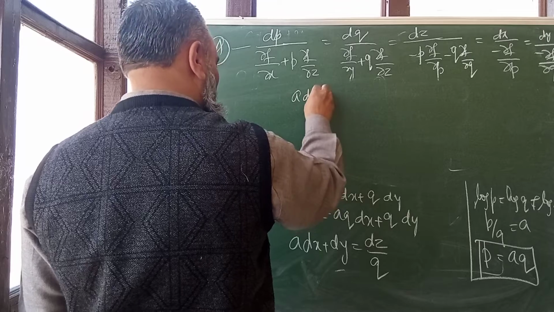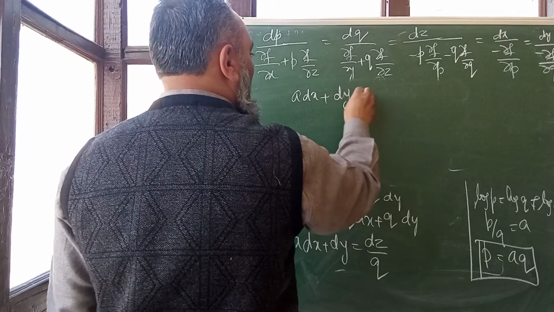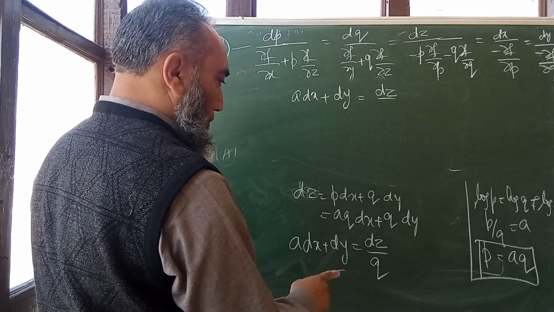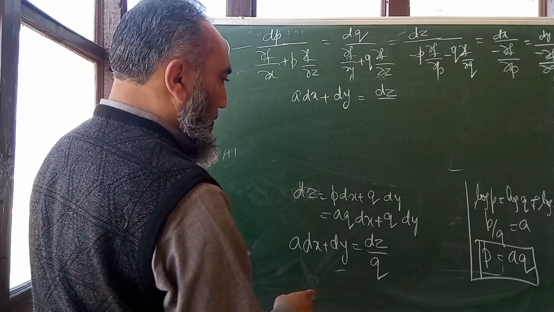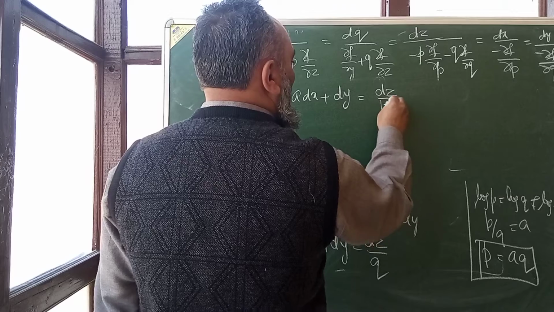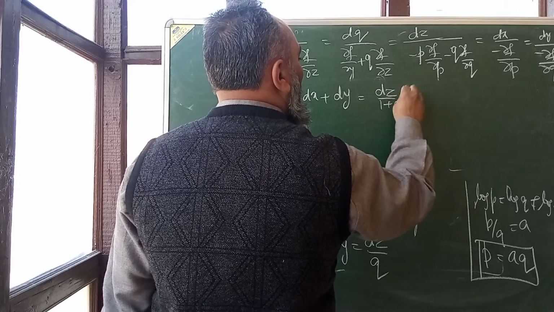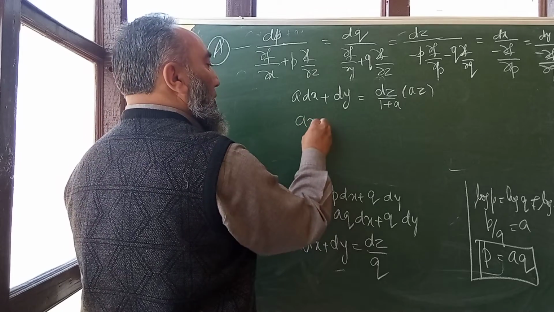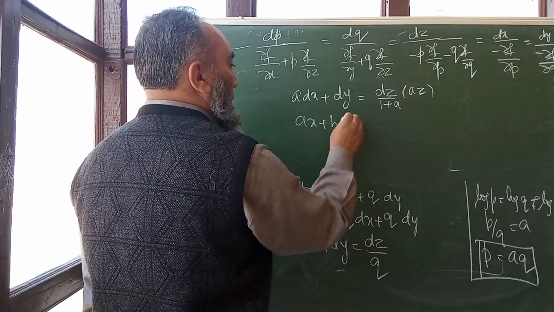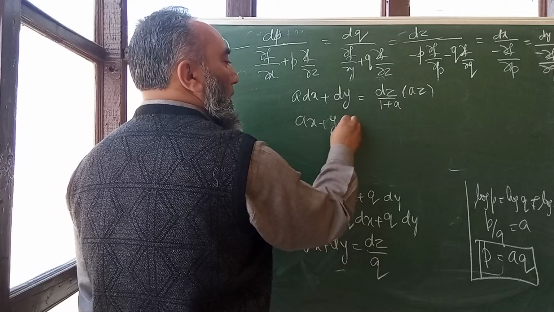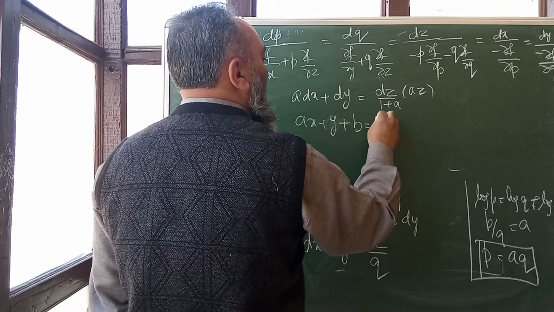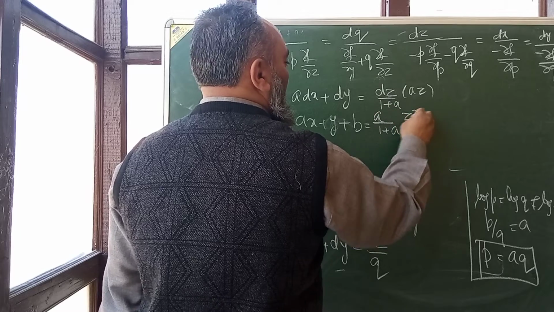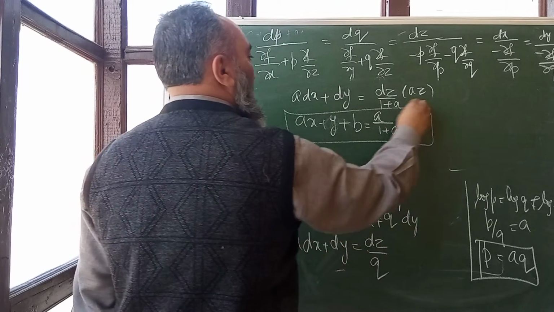What was q? It is 1 plus a upon az. Easy. Okay. So I have ax plus y plus some constant of integration equal 1 plus a upon a, z square by 2. This is it.